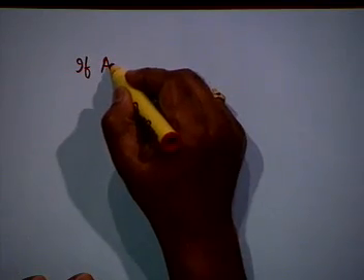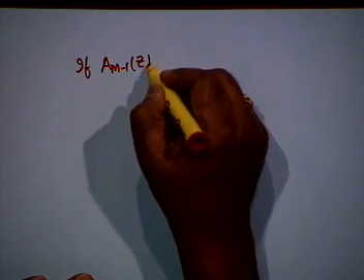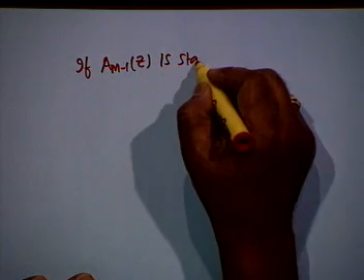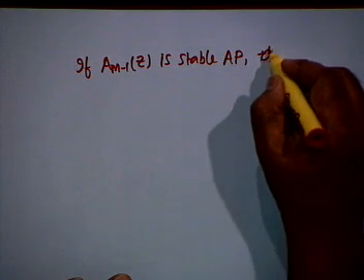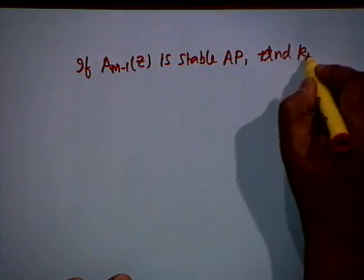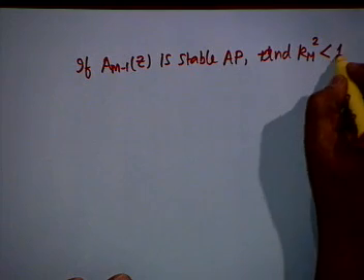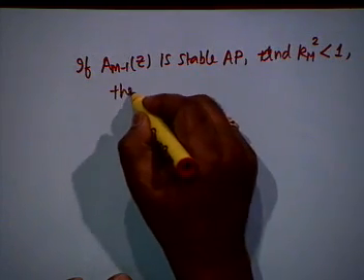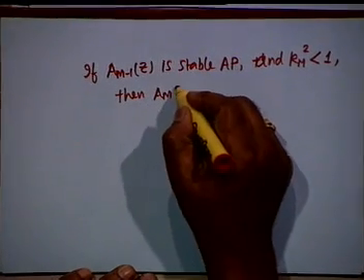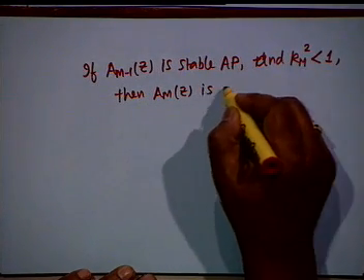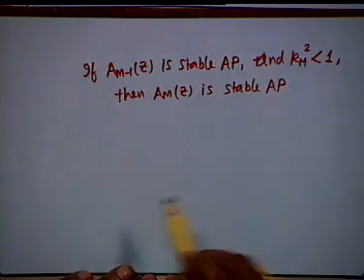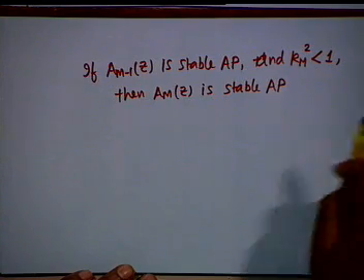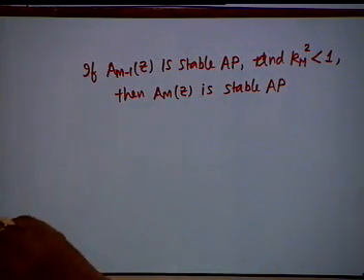So, what we are going to prove now is, if Am minus 1Z is stable all pass, and Km squared is less than 1, then Am of Z is stable all pass. This is what we have to prove. Now let us see if we can do this.